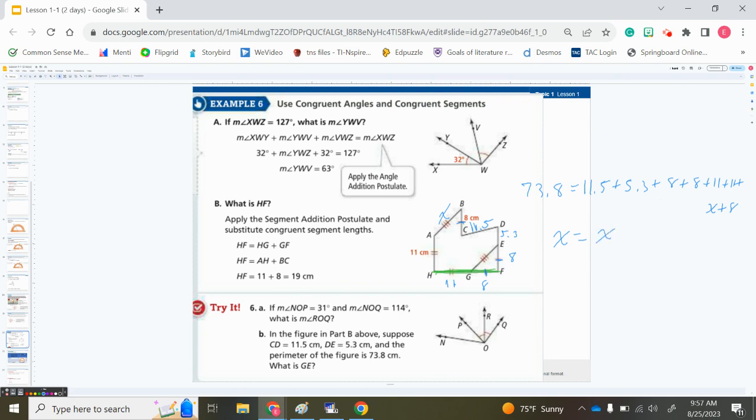So 73.8 equals 62.8 plus x. Does that look right? Yeah. And then you subtract the 62.8. So that means if this is 11, what else is 11? Good. GE. So GE is equal to 11 centimeters. Does that make sense now?